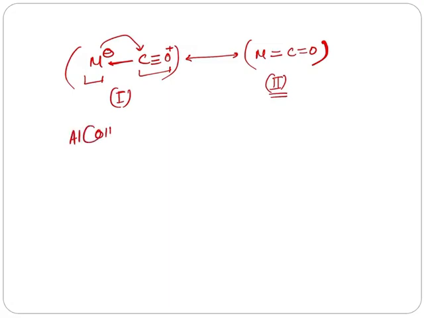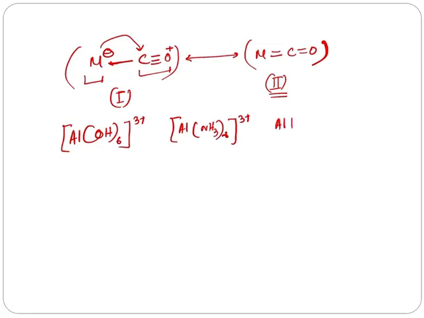Here we are taking 4 complexes, all aluminum complexes, only the ligand is different. This is the hexa-aqua octahedral complex, this is the hexaammine octahedral complex.